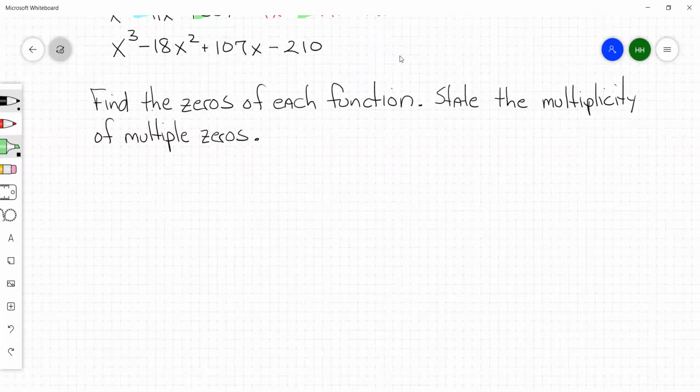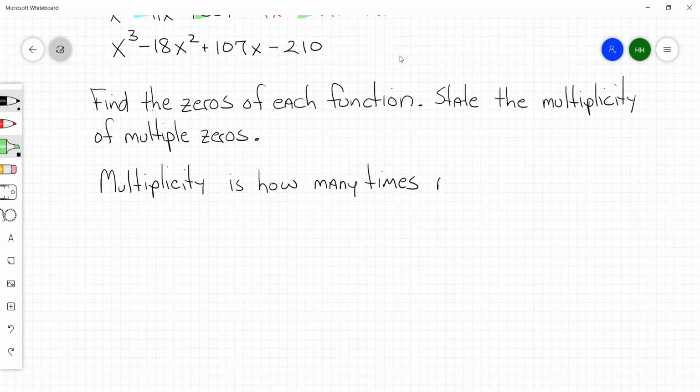Find the zeros of each function, state the multiplicity. Here's what that means. Multiplicity is how many times a zero shows up after factoring.